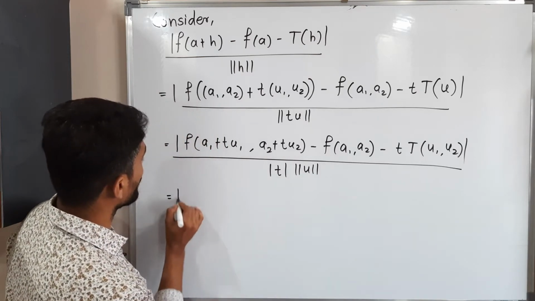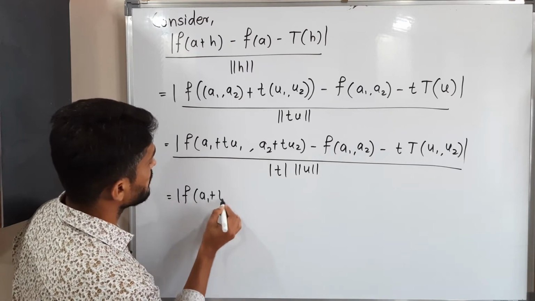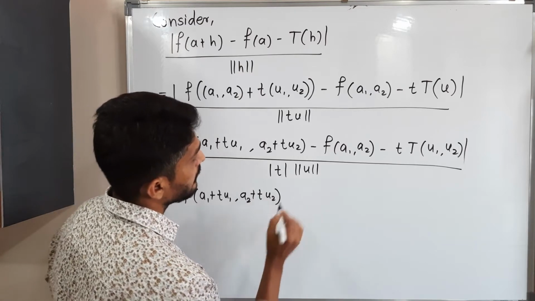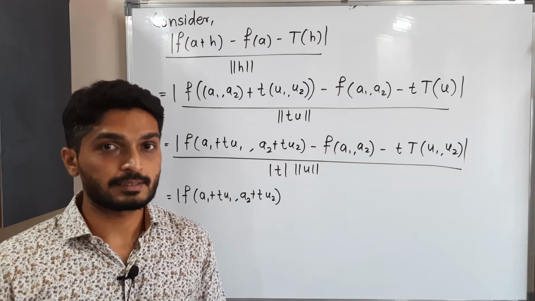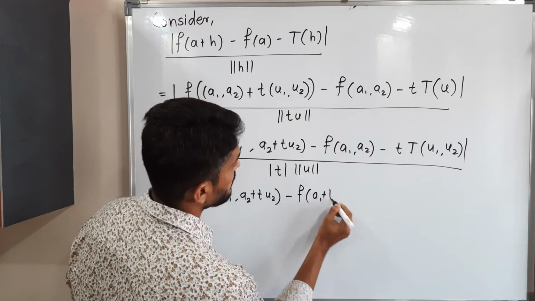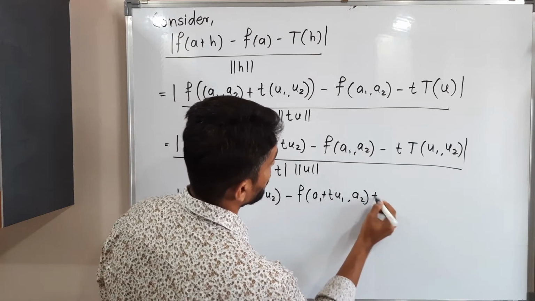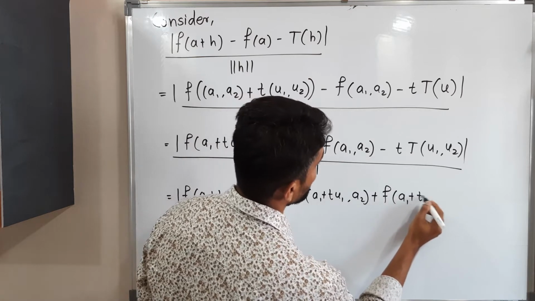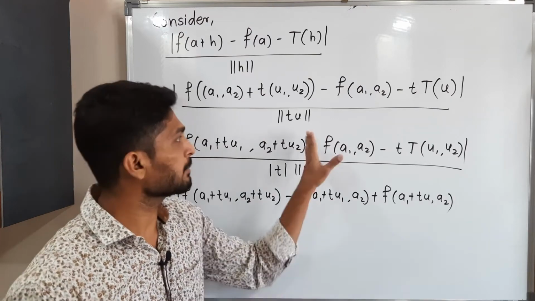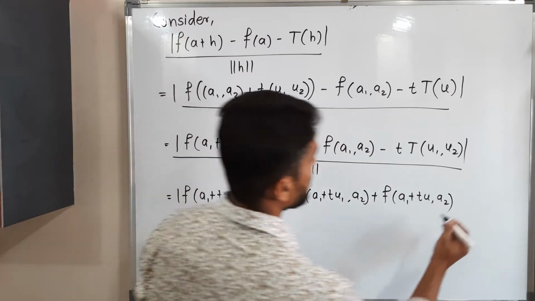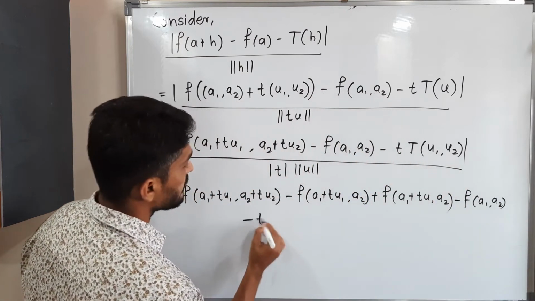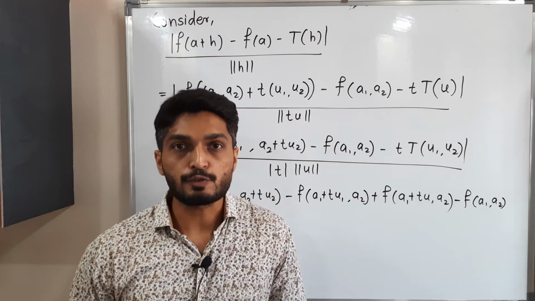Let us continue. So this is equal to f of (a1 + tu1, a2 + tu2). One term I am going to adjust: minus f of (a1 + tu1, a2) plus f of (a1 + tu1, a2). So I have added and subtracted this term. The remaining part is the same. Minus f of (a1, a2) minus t times capital T, the linear transformation which we have defined.